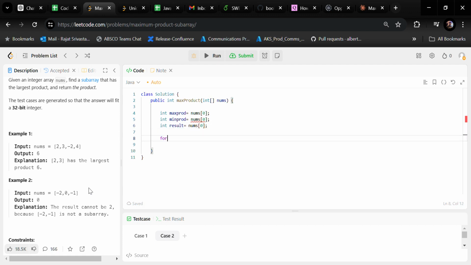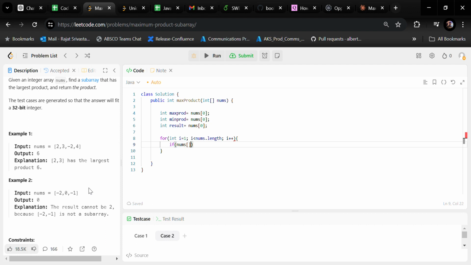Then we have the for loop, int i equal to 1, since we start with 1, i less than nums.length, i plus plus.